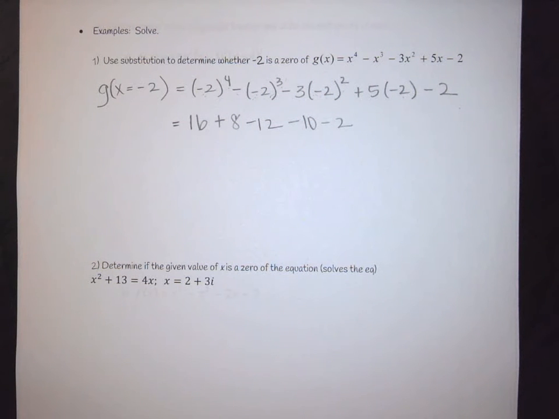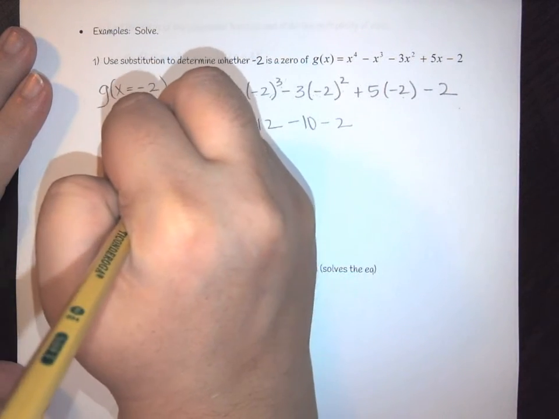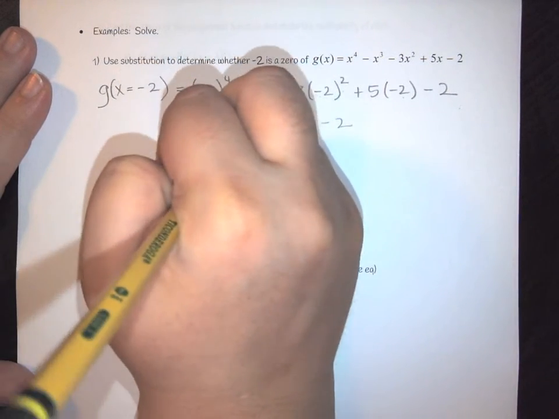So then the question becomes, if I have 16 plus 8 minus 12 minus 10 minus 2, does that give you 0? And in this case it does. So we know that g of -2 equals 0.